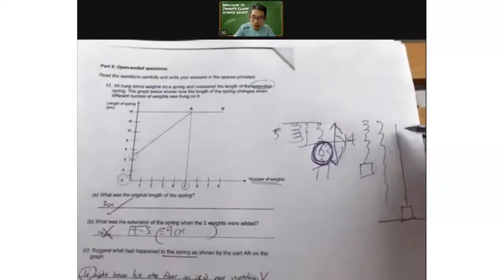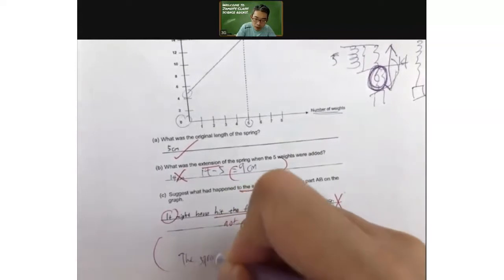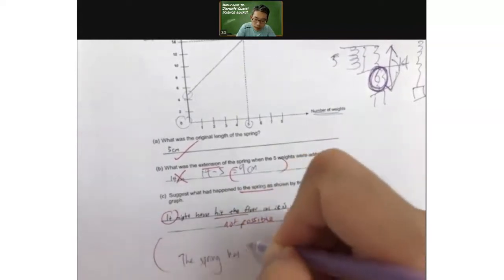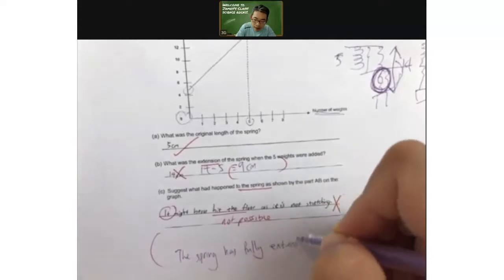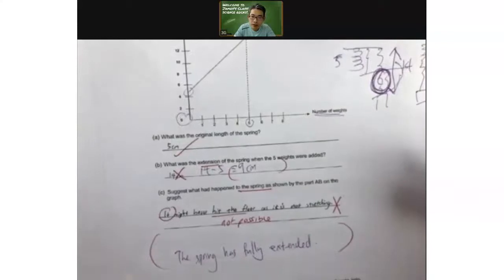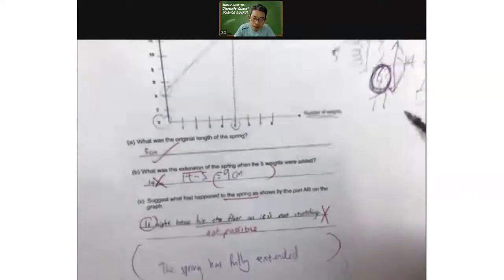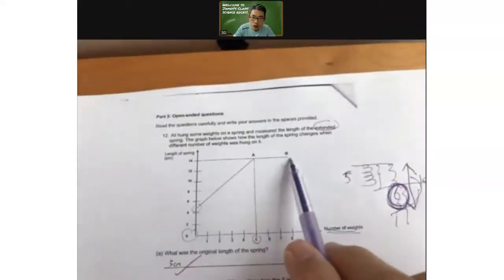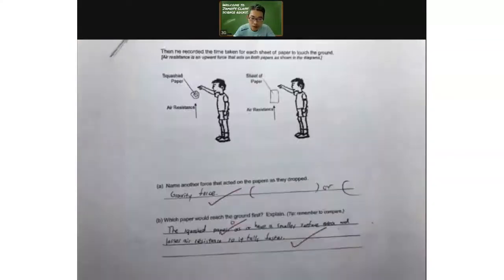So just describe what I showed you here. The spring has fully extended. That's the maximum. You cannot extend any further. So of course that's why the length of the spring no longer changes. Okay, let's go to the next question now.